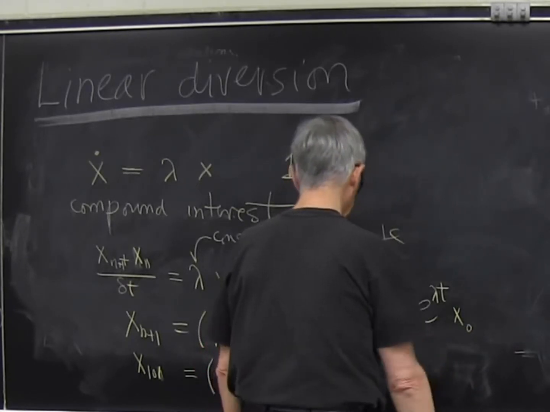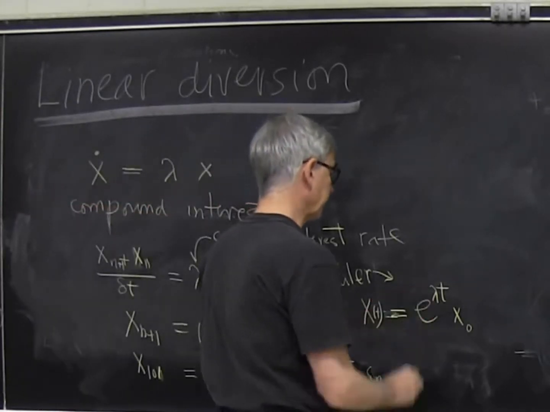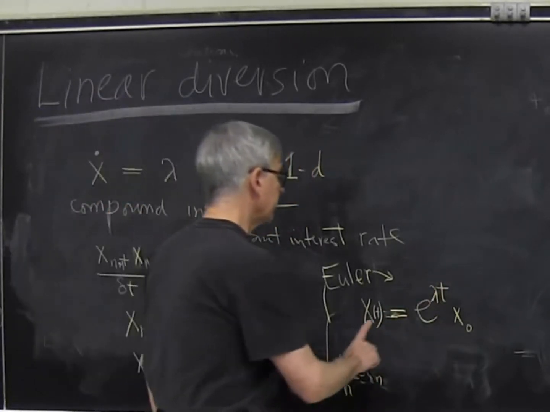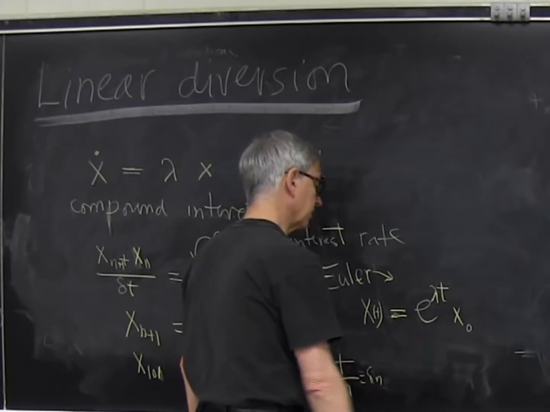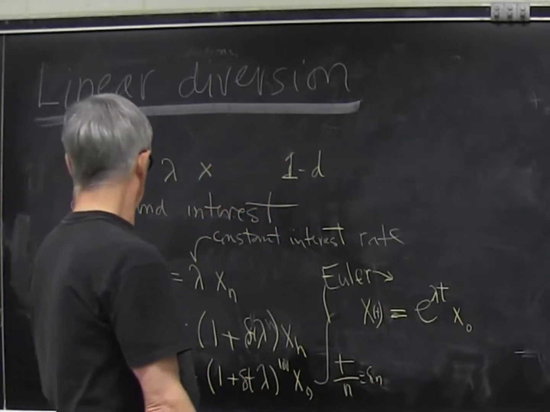This is the simplest linear equation that we know how to solve. Exponential growth and exponential decay depending on whether lambda is positive or negative. You could also have taken out a loan and your wealth could be decreasing.